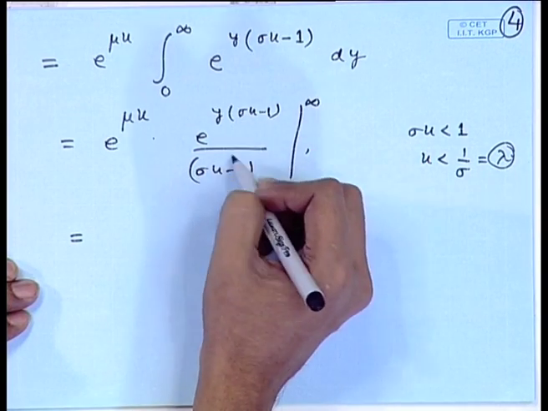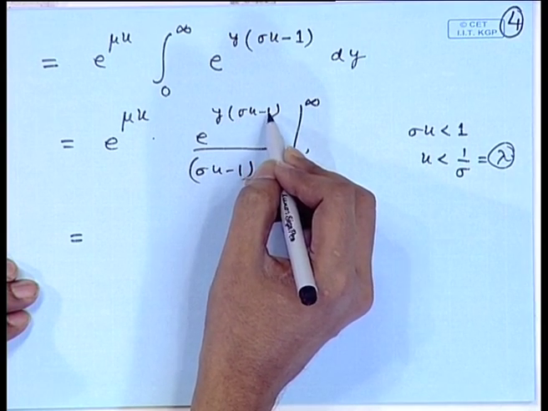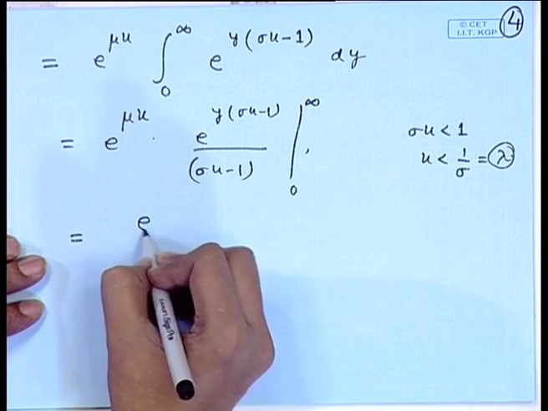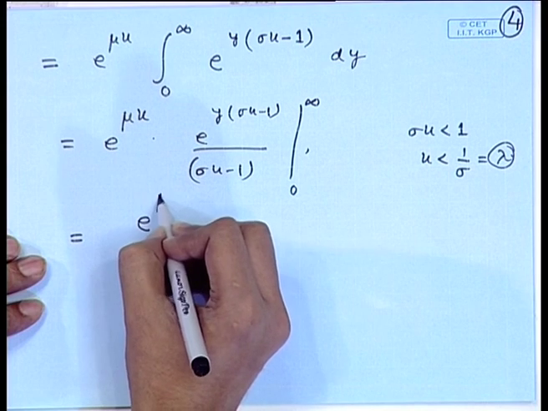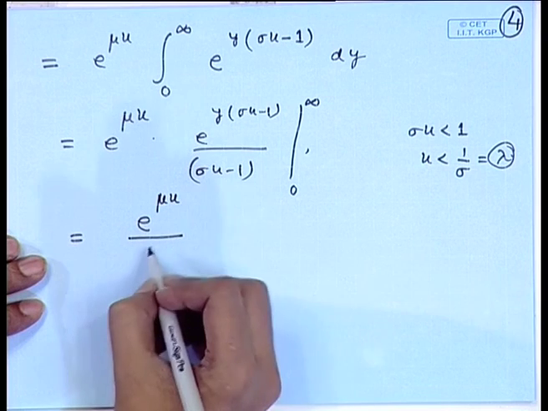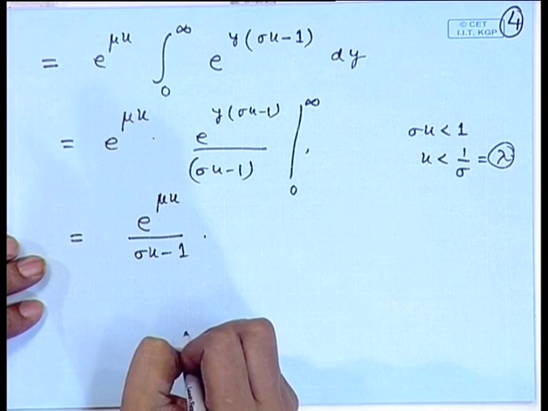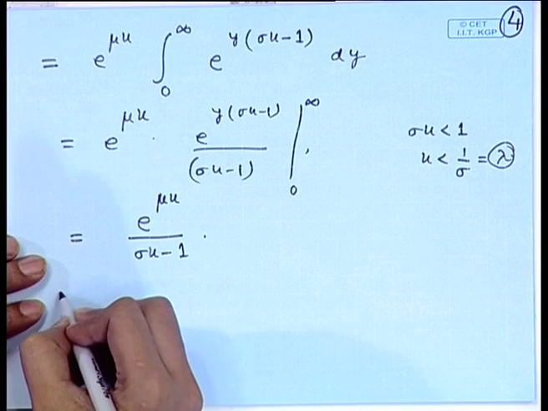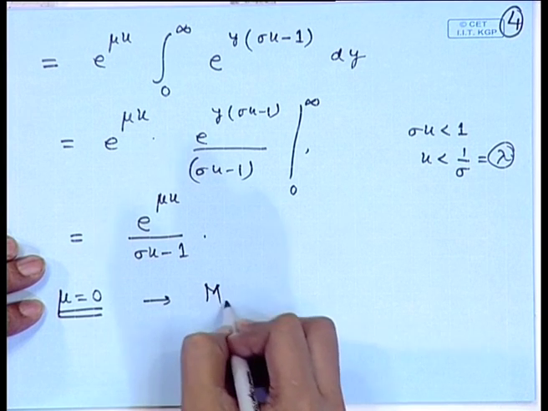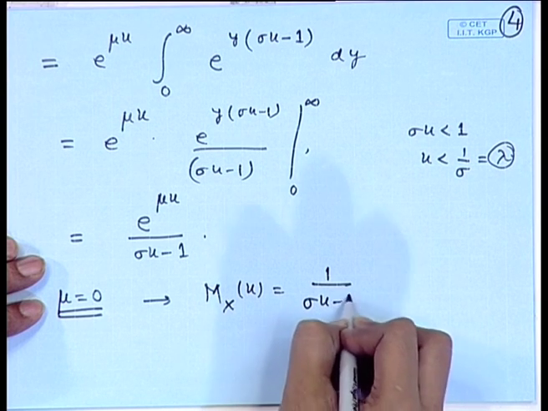So, at infinity this becomes 0 because I am taking sigma u to be less than 1, and at 0 this becomes 1. So, you are getting e to the power mu u divided by (sigma u minus 1), with a minus sign. In particular, if we had taken mu equal to 0, then this M x of u would have been 1 by (sigma u minus 1).